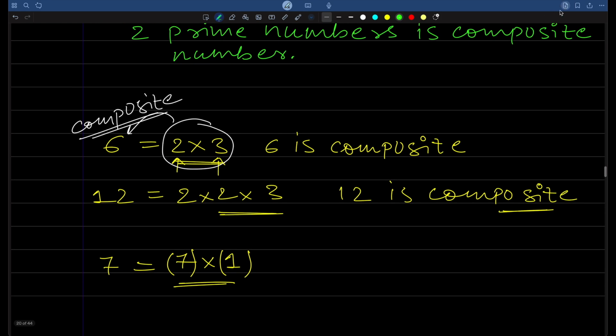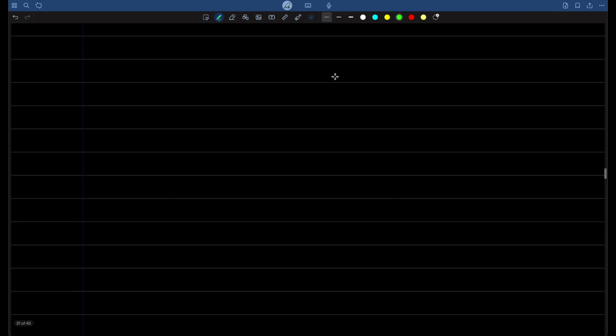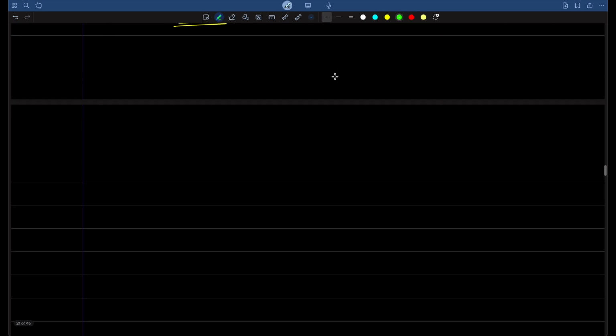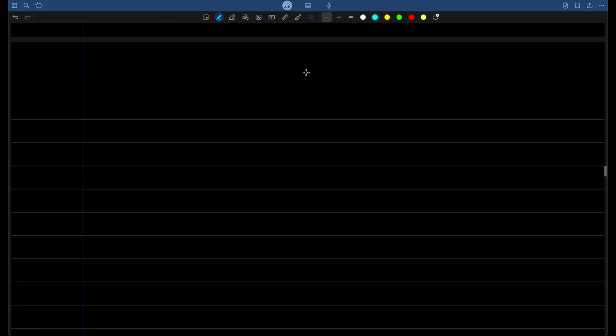Now let's solve the last question, question number 7. Question number 7 says that there is a circular path around a sports field.